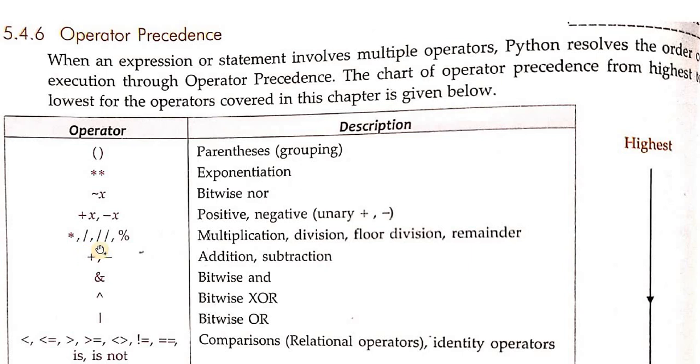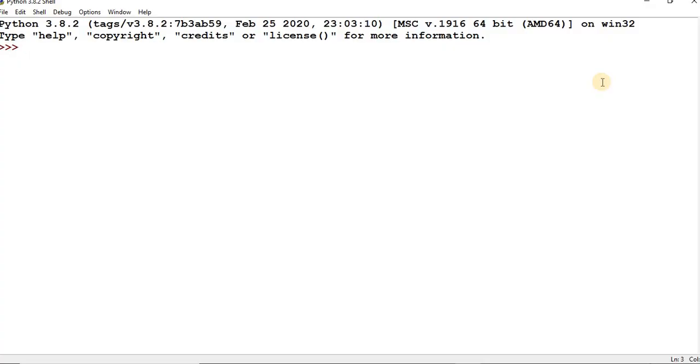Okay, I will tell you with an example. Look here, suppose 5 multiplied by 3 divided by 5. First 5 multiplied by 3 is evaluated, then the value of 5 multiplied by 3 is divided by 5. So 5 multiplied by 3 is 15, 15 divided by 5, you will get 3. Okay, here 3.